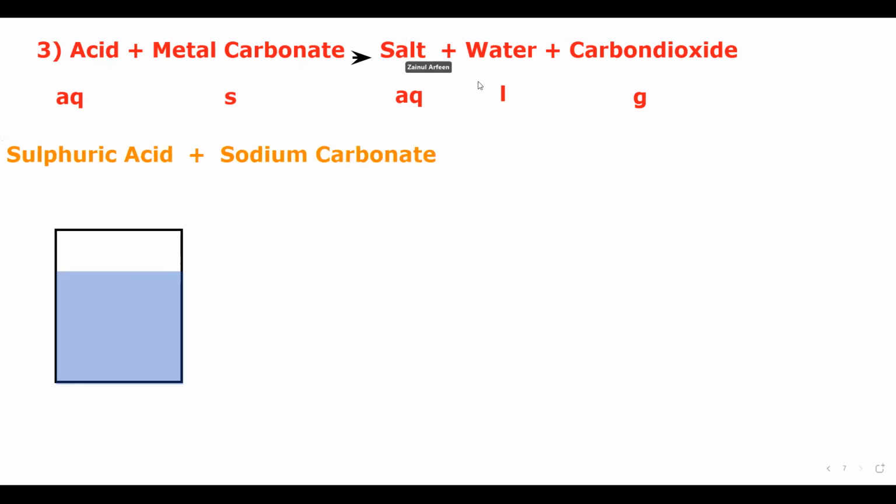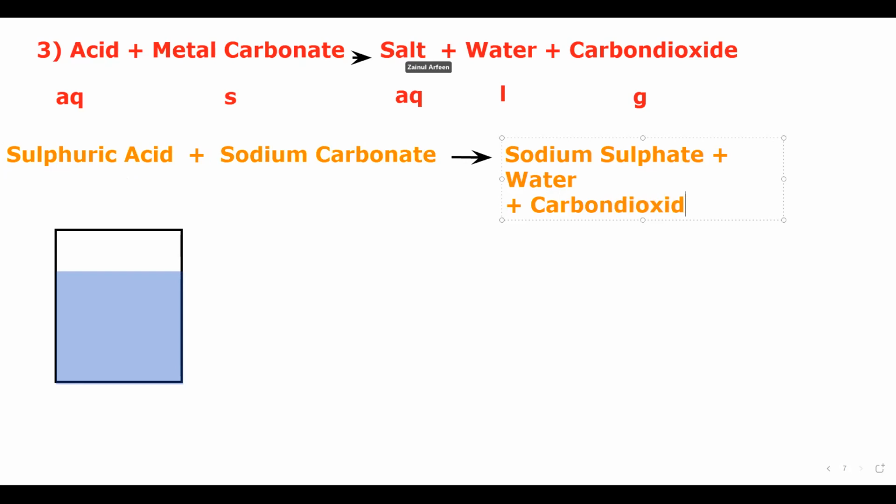Which salt is formed here? Because it is sulfuric acid, it will form a sulfate salt. And the first name of the salt is always from the metal, so it will form sodium sulfate. That's right. Plus water plus carbon dioxide. So sodium sulfate plus water plus carbon dioxide, these are the products.